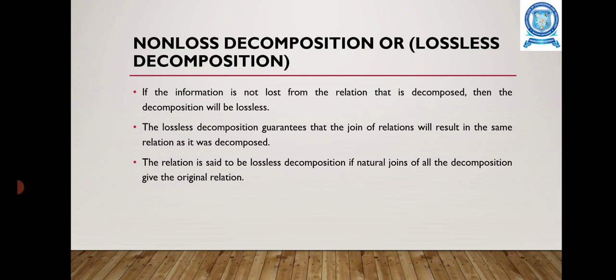The lossless decomposition guarantees that the join of the decomposed relations will result in the same relation as it was before decomposition. The relation is said to have lossless decomposition if the natural join of the decomposed relations gives the original relation.